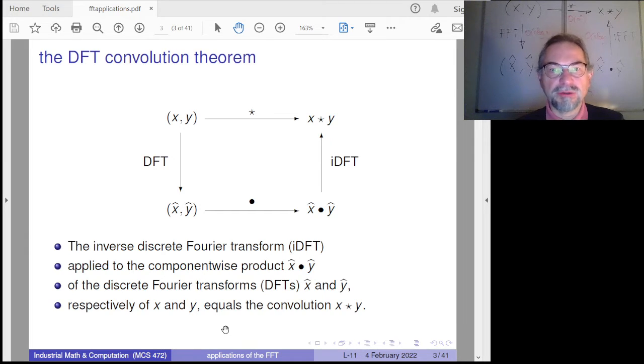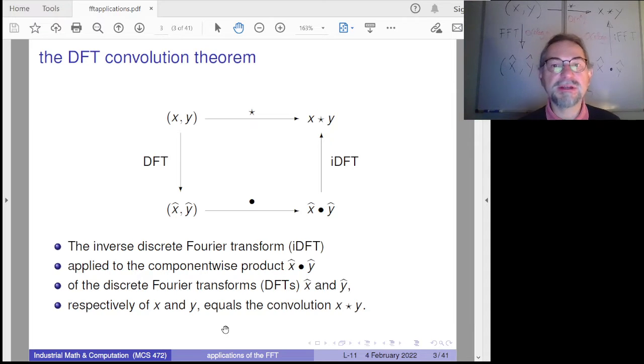So if we need to compute a convolution, then we may as well take the inverse discrete Fourier transform on the component-wise product of the Fourier transforms of the two inputs. That is what the slide says.